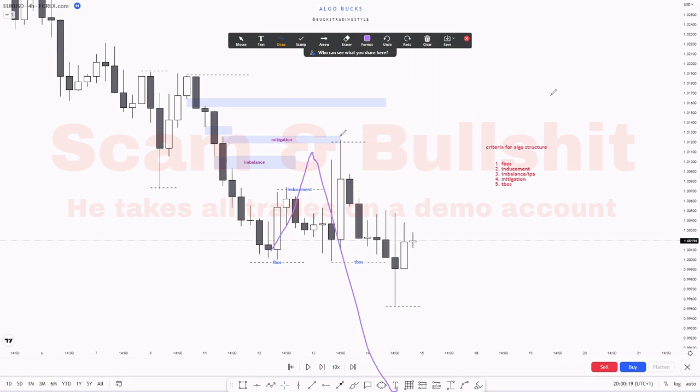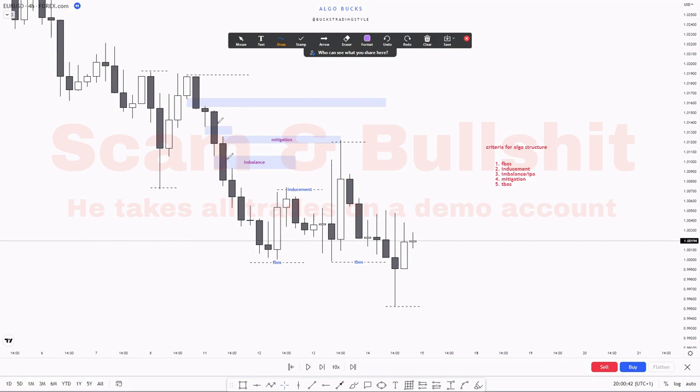Remember, for our valid supply and valid demand, we want to see break of structure and inducement, same thing right here. So one of my trading rules is: no liquidity, no trades. So if it does this and comes to mitigate this POI, I will not take it, because on this time frame, price did not take any liquidity.